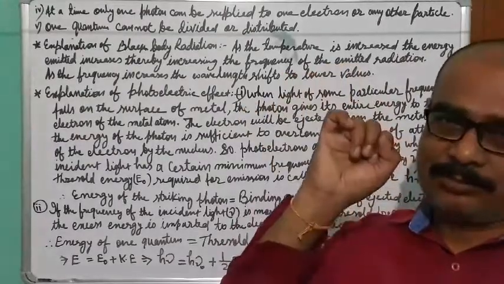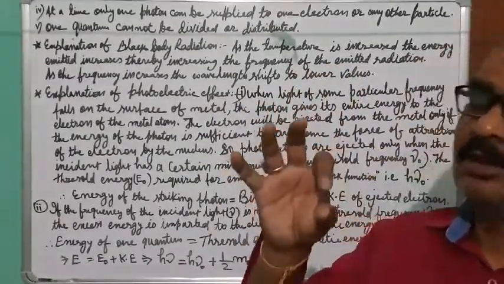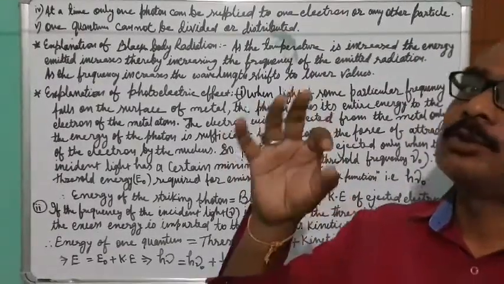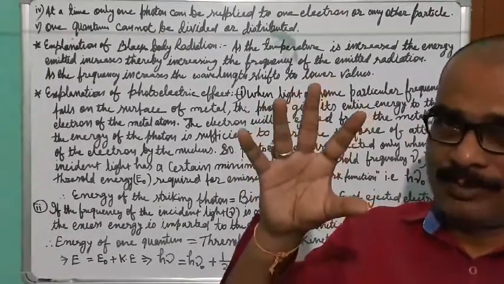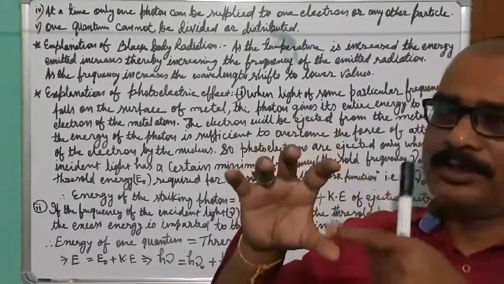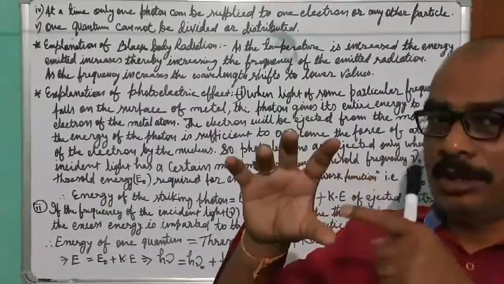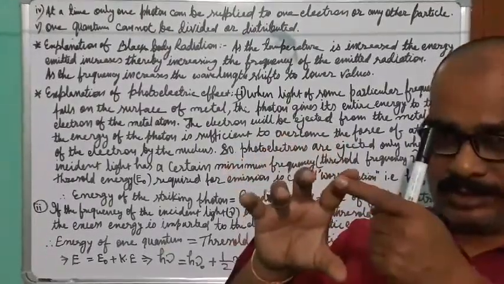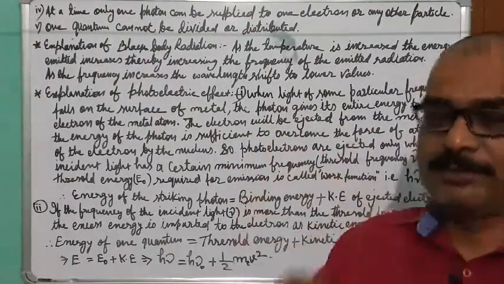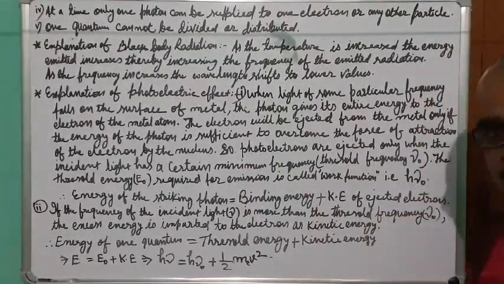To eject the electron, this force of attraction between the nucleus and electron should be overcome. The energy which binds the nucleus and the electrons together is known as binding energy.